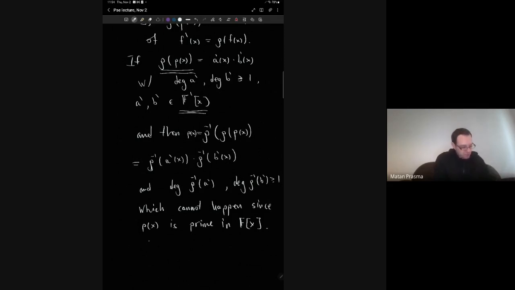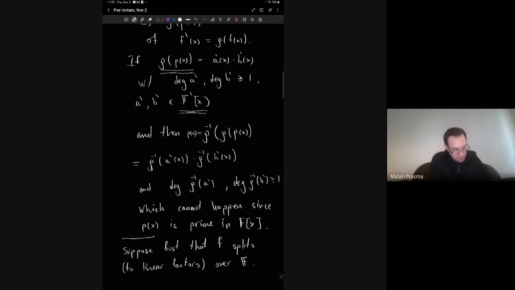And now, let's suppose first that f splits to linear factors over big F. Then this is the best case.